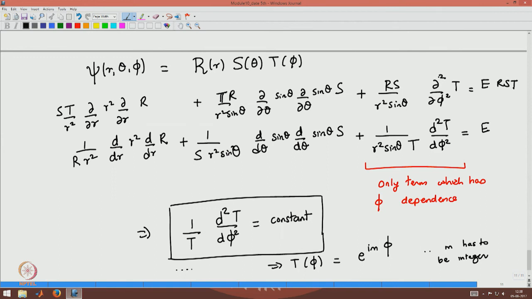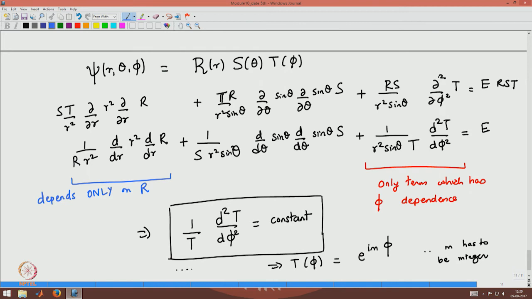So in this way you can separate and solve for t, and then once you solve for t, you eliminate t from this equation. You still have r and s, but you notice that this term depends only on r, and the theta dependent terms are only there in the second and third.